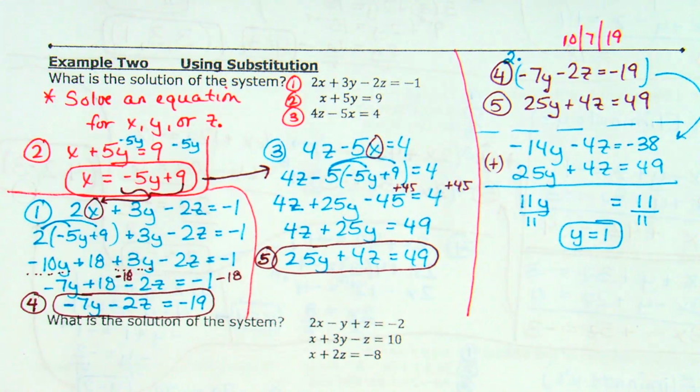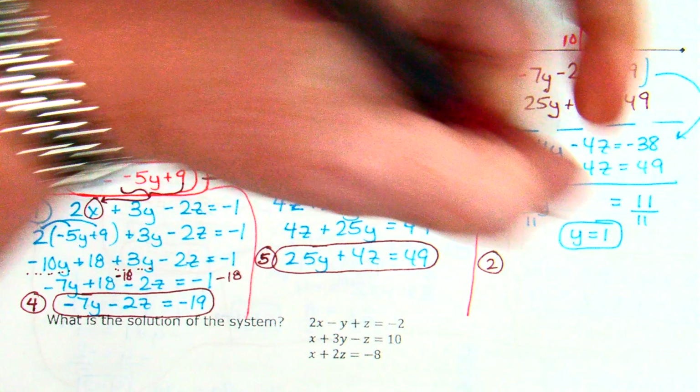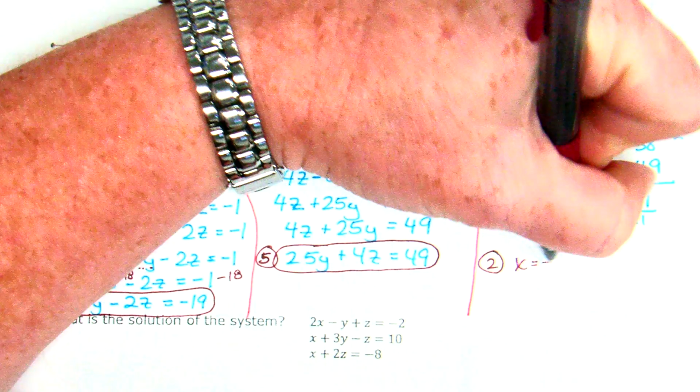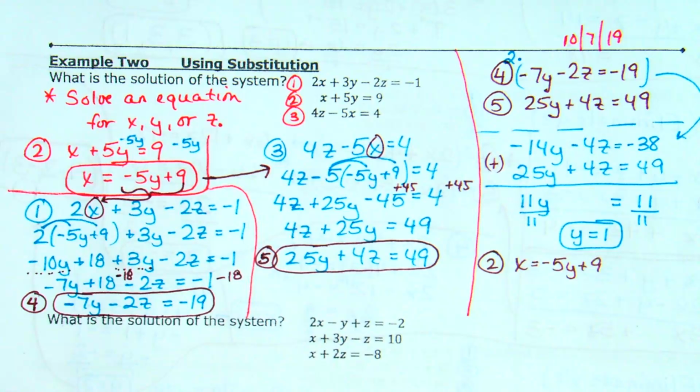Not really. I mean, it's plugging it in so you get the answers you need. I actually do like the idea of plugging into 2 if you guys want to go for that. Because, besides 2, could I use my newly solved 2? I could use the 2 that was x equals negative 5y plus 9 if you want. And that's even nicer, isn't it?